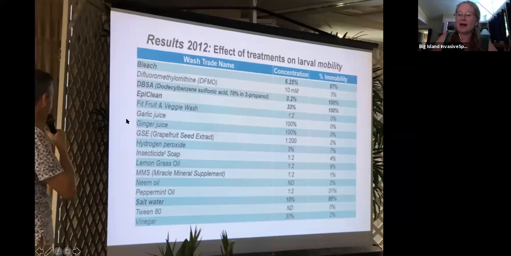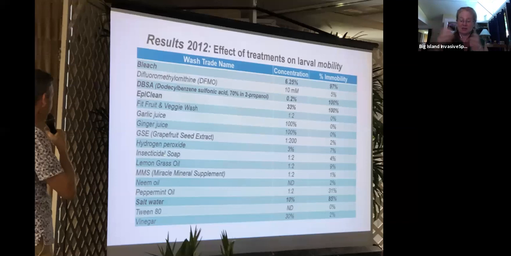One thing is that people ask a lot about what they can do to wash the veggies, hoping that there's some kind of magic solution, that if you put the solution on the veggies, immediately everything will die. There is research being done on this currently in Hilo, and so far nothing has been found. No commercially available or home remedies have been found to kill the parasite.